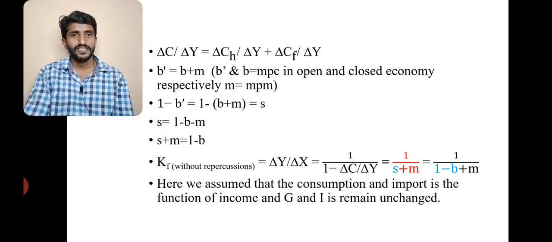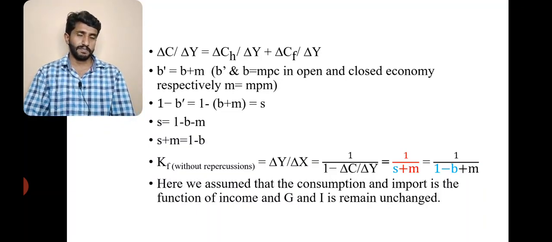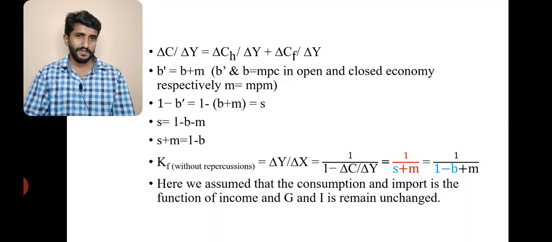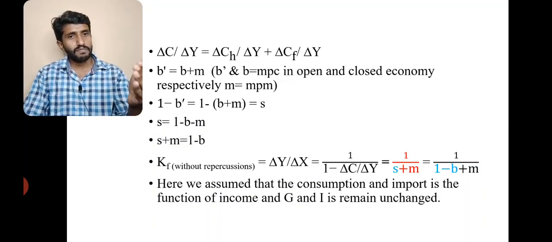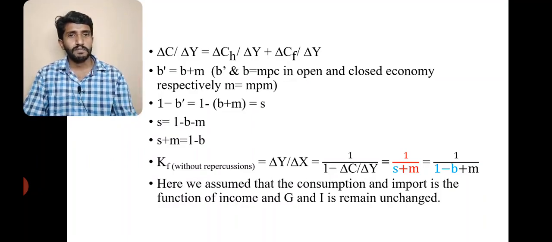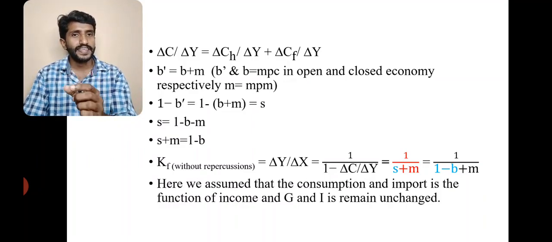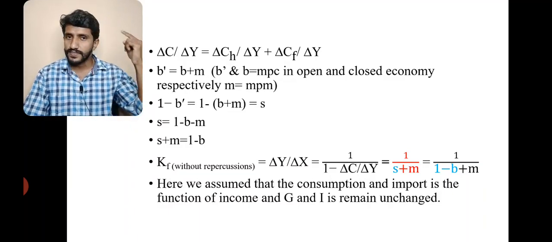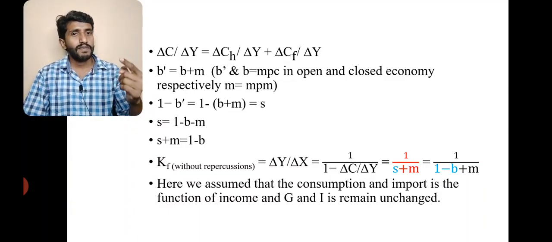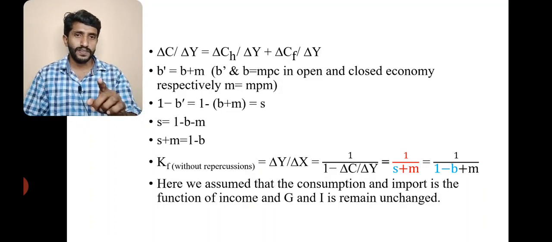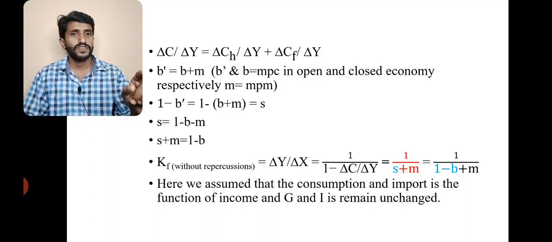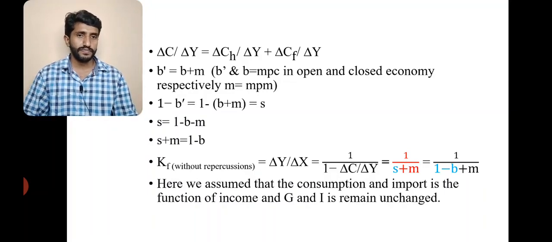Then we can rearrange the equation like S: 1 minus b is equal to S plus m. So 1 minus b can be written as S plus m, which is MPS plus MPM. That's why I said the foreign trade multiplier is a function of MPS and MPM, marginal propensity to save and marginal propensity to import.